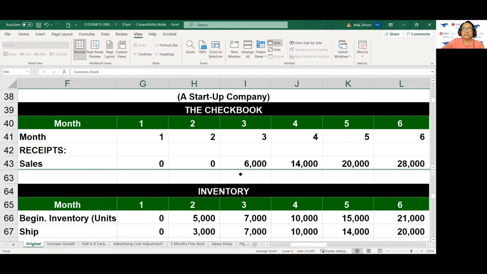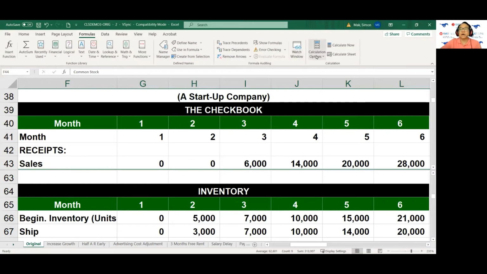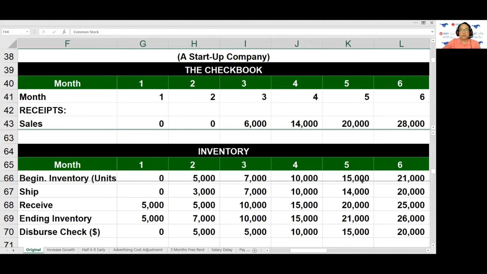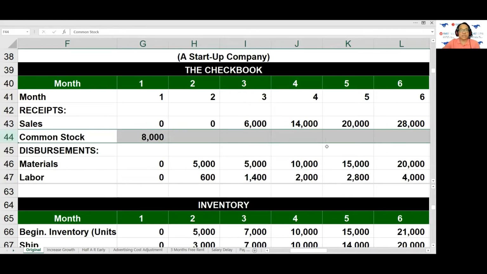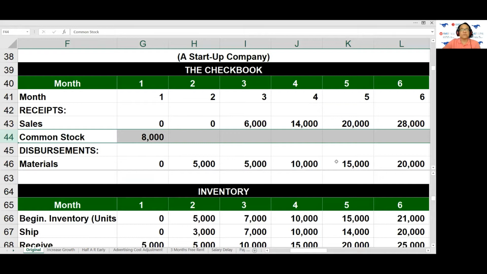The second thing that I'm going to do is turn calculation onto manual so that all the numbers don't change so fast, but I can actually control when I want the numbers to change. It's called manual calculation. And then the last thing I'm going to do is hide the commands. So I'm going to auto hide the ribbon. And here we are. This is the spreadsheet that we will be using for the second half of class.